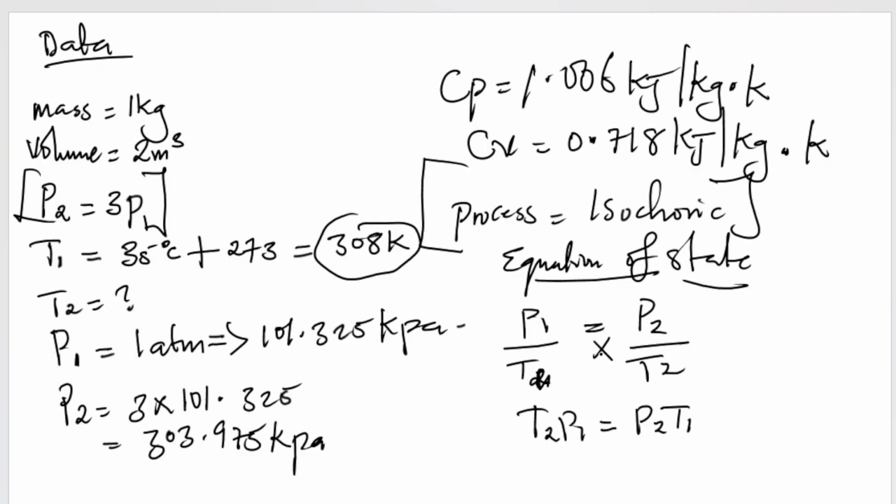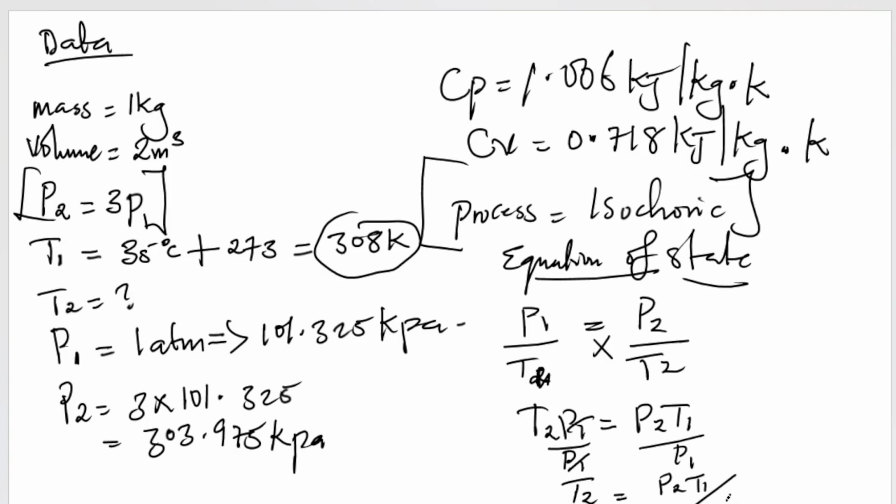Your interest is to know T2, so you divide both sides by P1, such that T2 stands alone. T2 will now be equal to P2 multiplied by T1, divided by P1. Are we together? So you simply input your given values in this new equation to get T2. Now let's go to a new page.